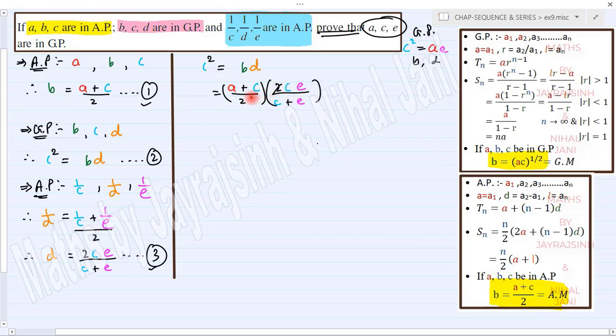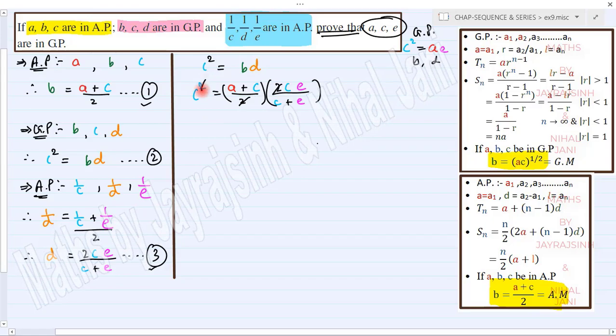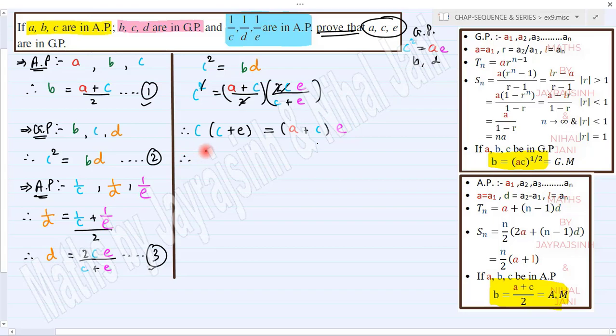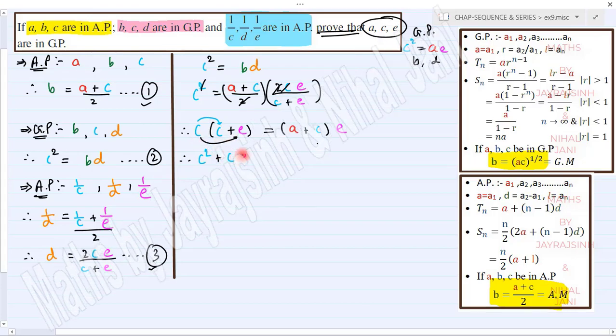Here your 2 will cancel out. On the left hand side we have C square, so 1 power of C will also cancel out, and let's cross multiply. C into (C plus E) is equal to (A plus C) into E. So open the bracket, you will get C into C, or we can say C square, then C into E will give us CE.